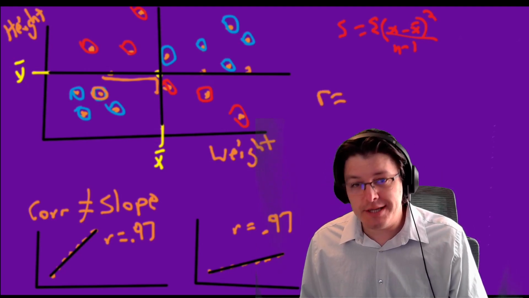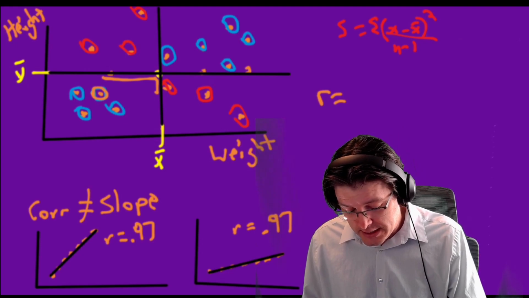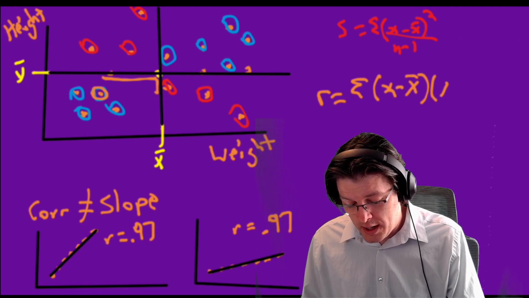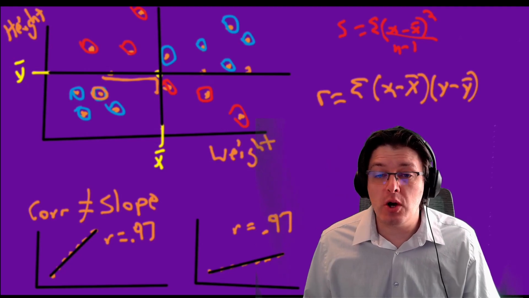Our equation is going to look somewhat familiar. The top, however, is going to be x minus x bar times y minus y bar.